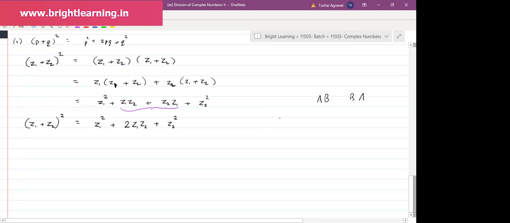And even if both are defined, whether they are equal is a big question mark. So the commutative law is not satisfied in general. So for matrices we cannot say that A plus B whole square equals A square plus twice AB plus B square, because AB plus BA we cannot write as twice AB.